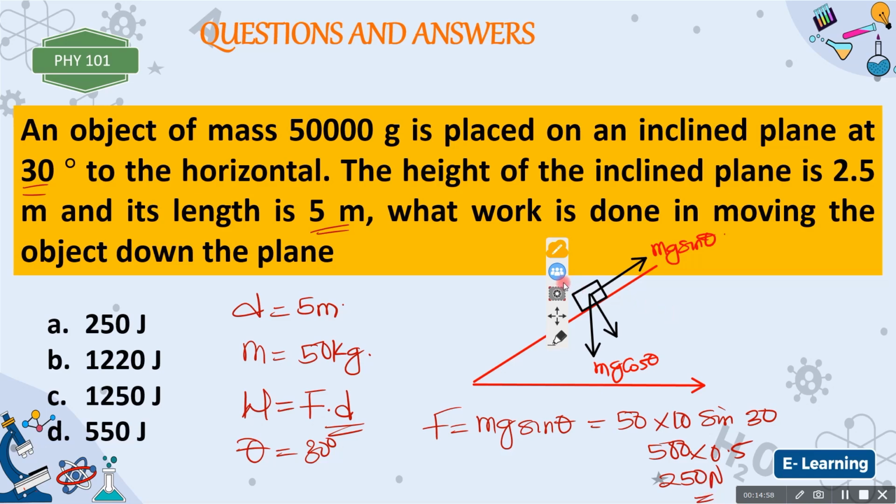Now the distance traveled is 5 meters. The distance of the inclined plane is 5 meters. So our work done, which is force times distance, would be equal to 250 times 5, which will give us 1250 joule. And that is option C. A very simple question, right?